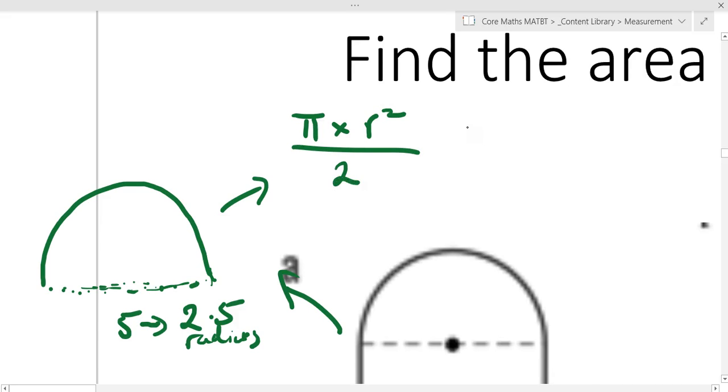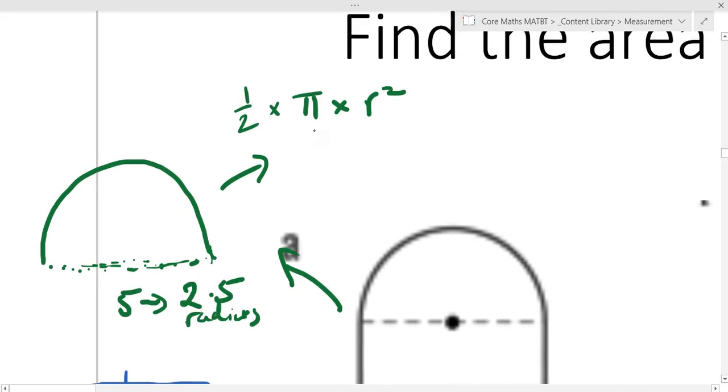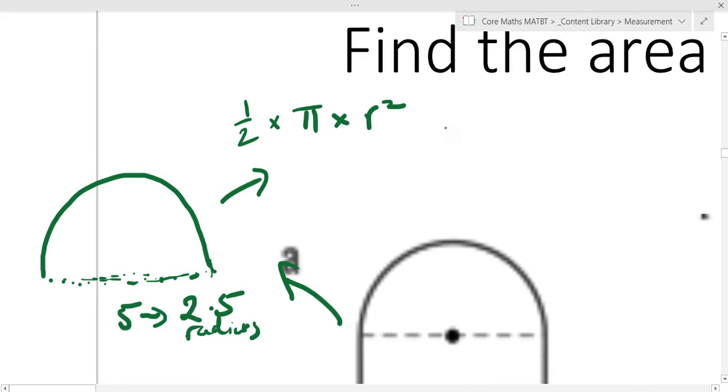Or a half times, that is also correct, it's the same thing. If you think about it, that's kind of like a sector as well because it's half a circle. So I'll do it underneath: 1 over 2 times pi times 2.5 squared.